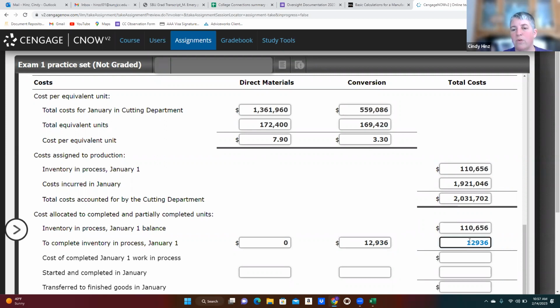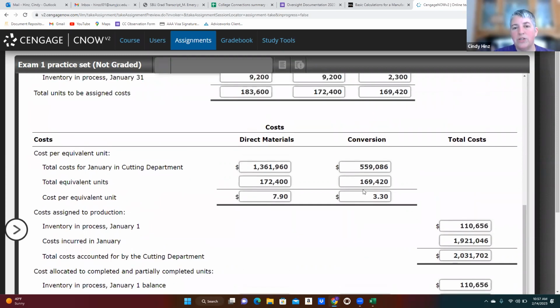And then I'm going to add across, 0 plus 12,936, and then add down. So those units already had $111,000 of cost at the beginning of the month. We added another 13,000. And so for those units, when we transfer them to finished goods inventory, they transferred with a total cost of $123,592, again, using the numbers in my exercise.